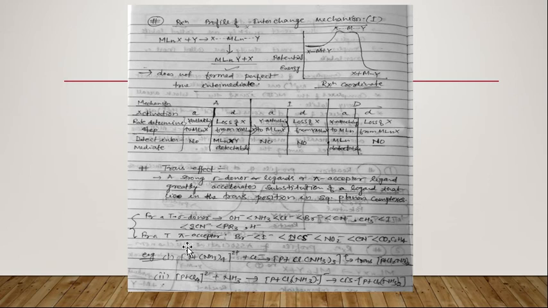For the pi acceptors, carbonyl and ethene have a little bit similar trans effect, and lowest here is the bromide ion. These are the orders of the trans effect, and it is very important to apply this order in reaction mechanisms or reactions.